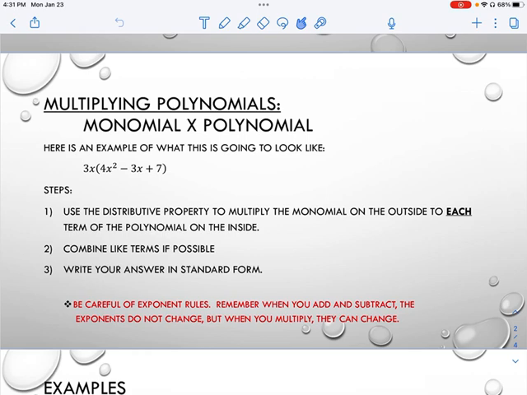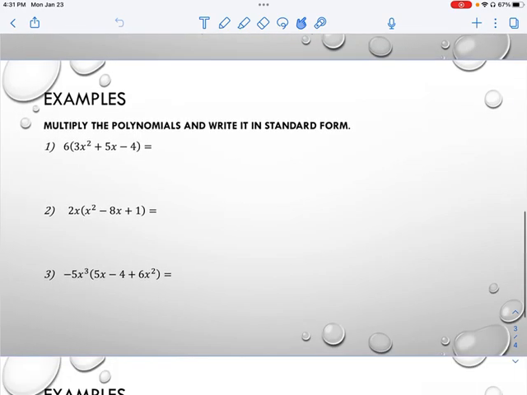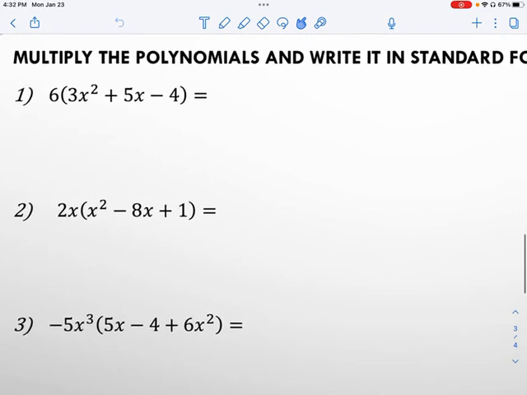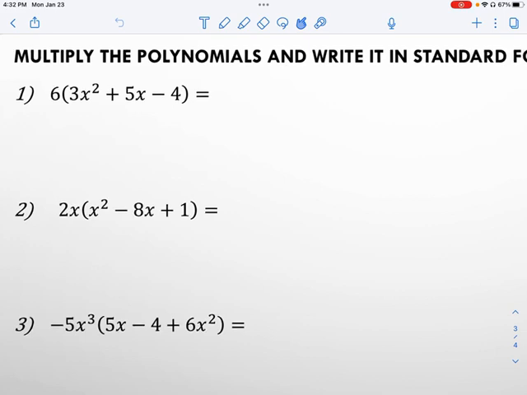So when we multiply, exponents change. But when we add, just the coefficients change. All right, so let's take a look at this. We're going to go through several of these, starting with just a straight multiply of the polynomials and writing in standard form.